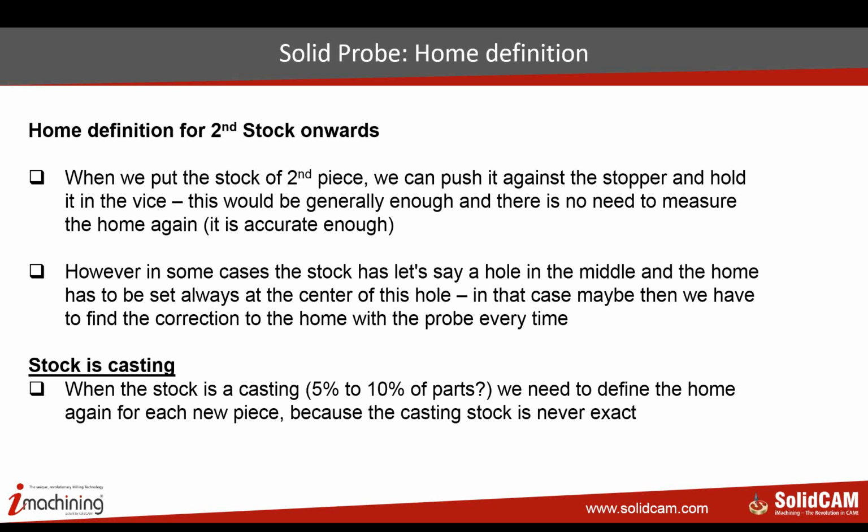So even if you use a fixture, there are cases where you need to use the SolidProbe to define the home. So we recommend using the SolidProbe in any case, whether you do it only once or for each part, because it's faster, easier, and you eliminate any chance of collision.